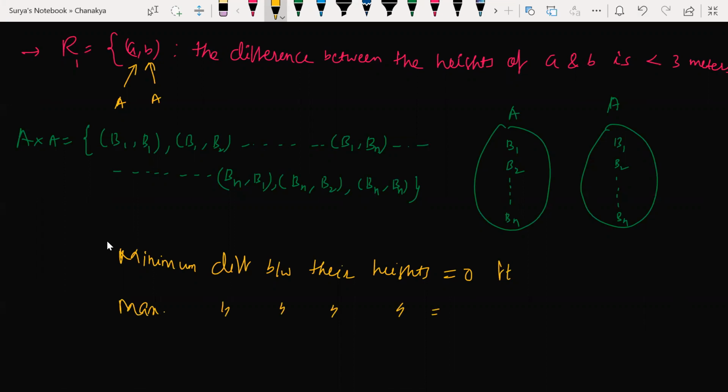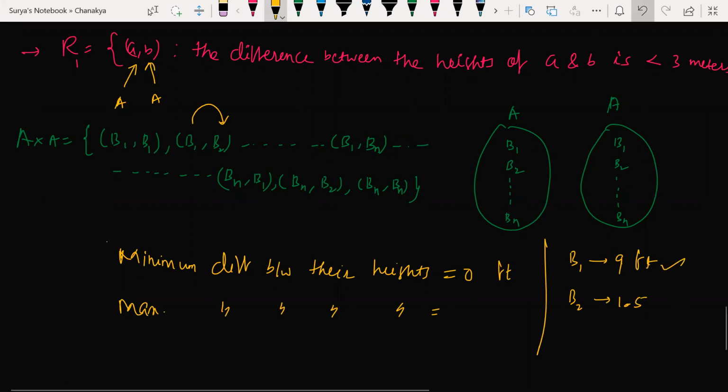Look at this, B1 and B2 I'm taking. Let's say one boy, boy one, is a 9 feet child, and B2, this is the maximum, this is the minimum. A person will be at least 1.5 feet, it cannot be less than that. Okay, that's the extreme case, no problem.